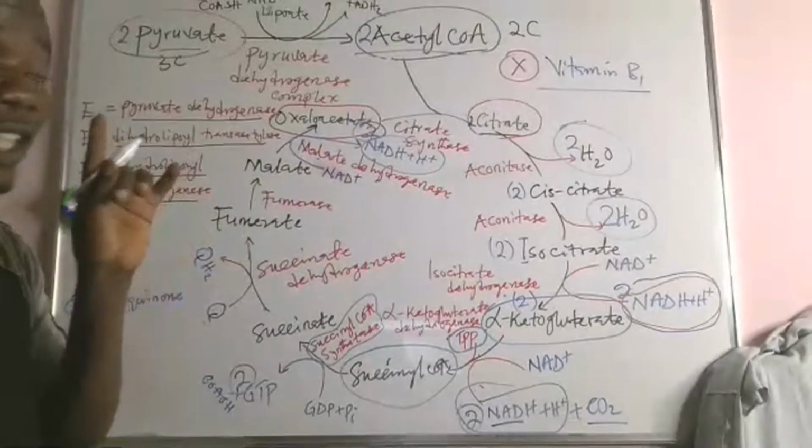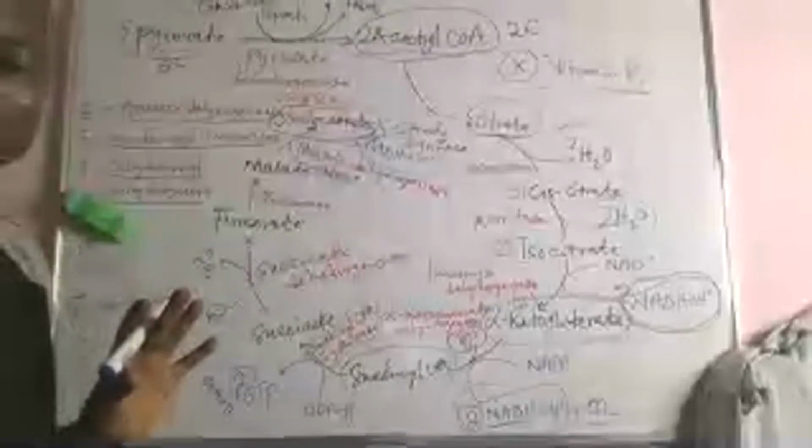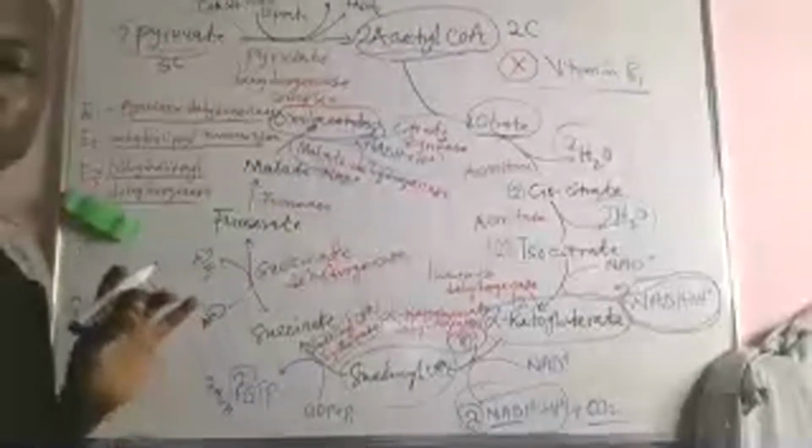So now the question that I want to ask after this: how many NADH are generated for two cycles, because we have two acetyl-CoA? So from two acetyl-CoA, for two cycles, how many NADH are generated?